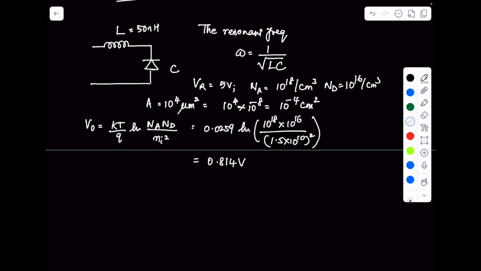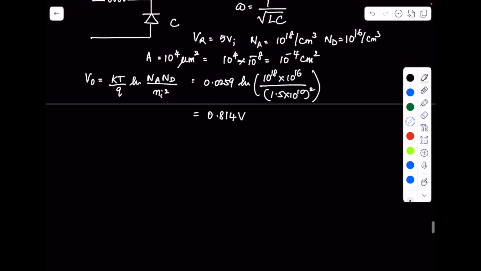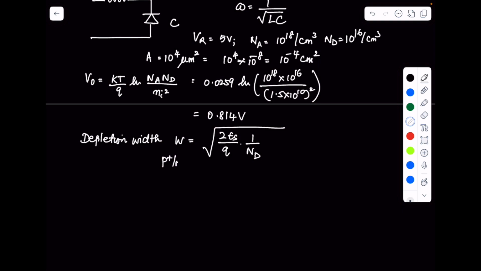And so if I now want to find the depletion width in the diode at reverse bias, it is going to be given by square root of 2 epsilon s by q into 1 by Nd into VBI plus VR, where VR is the applied reverse bias. Here I'm assuming it's a P plus N diode, so all of the depletion width is going to fall on the N side.